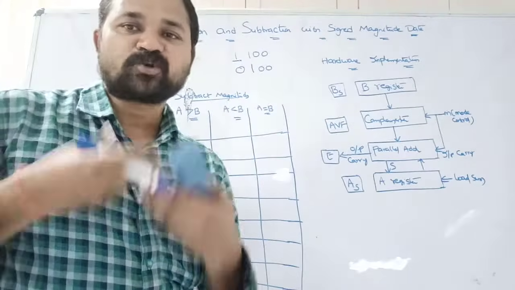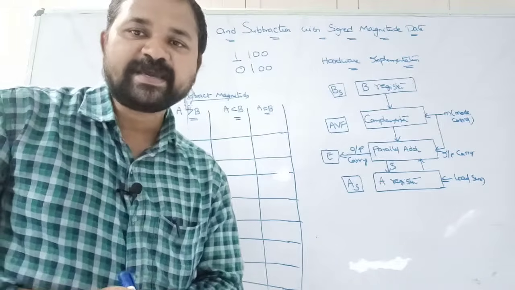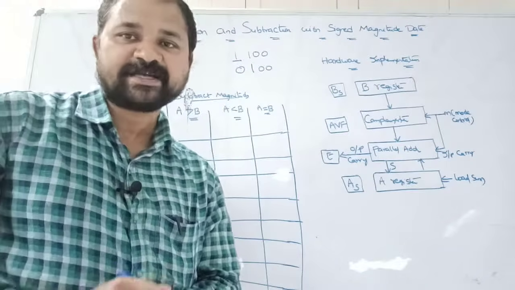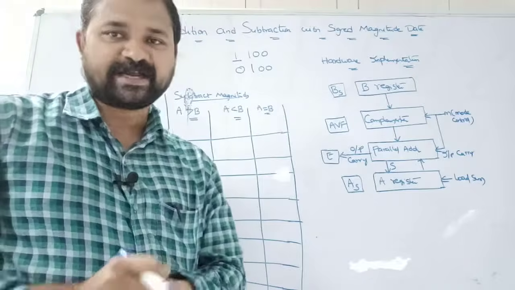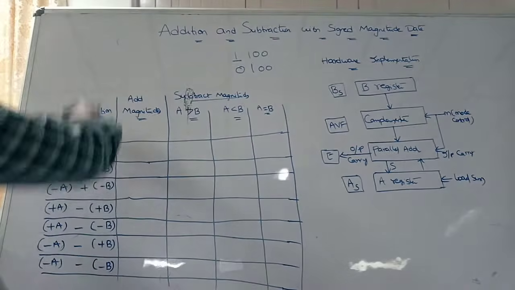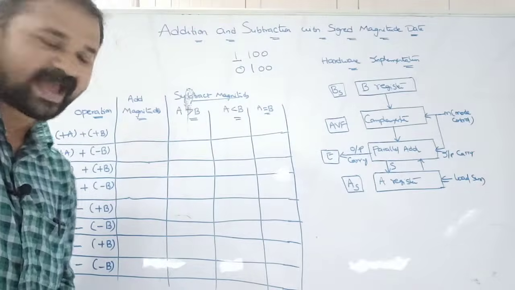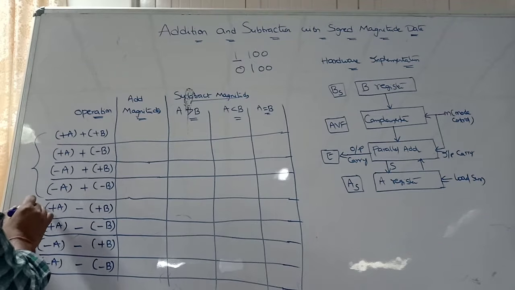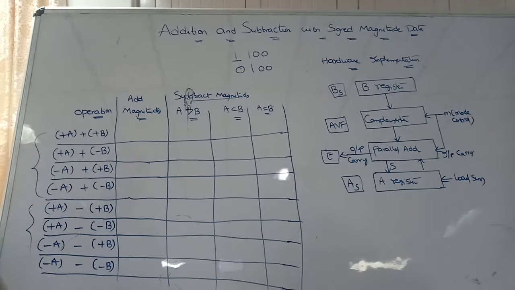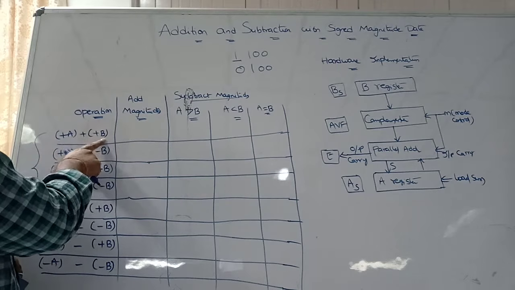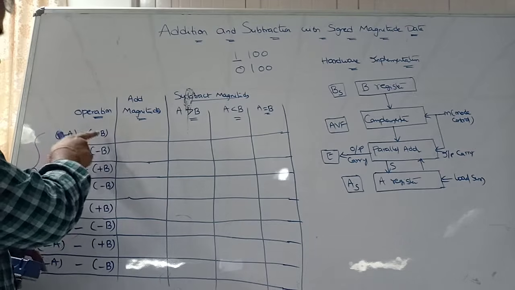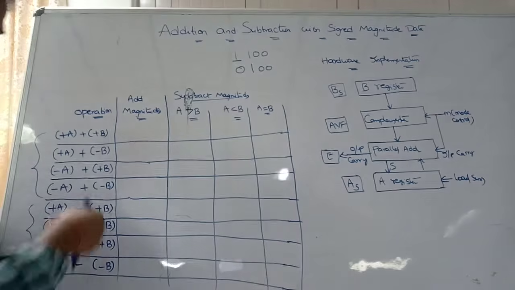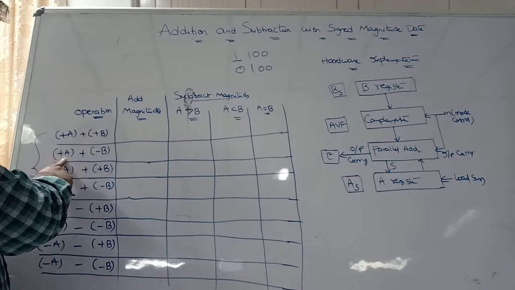First, let's see the procedure for performing addition operation on sign magnitude data. Here are the various possible combinations that we have. The first 4 are addition operations. The next 4 are subtraction operations. So plus plus, the first number's sign is plus, the second number's sign is plus.